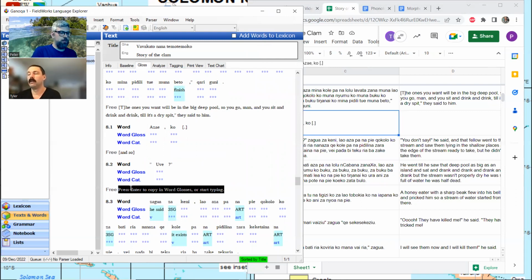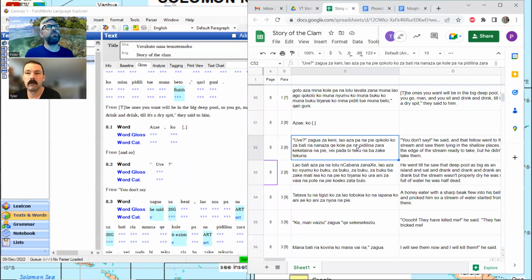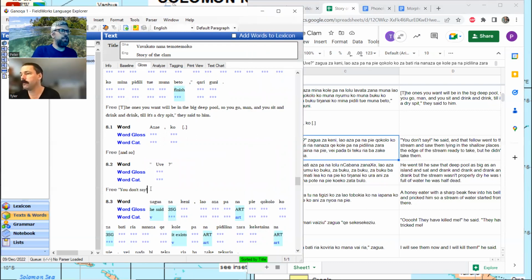And I'm going to put you don't say. Although that doesn't. Oh, look, it's a question mark in the original, and it's an exclamation mark in the translation. So what I'm going to do is in square brackets, I'm going to put my guess here.